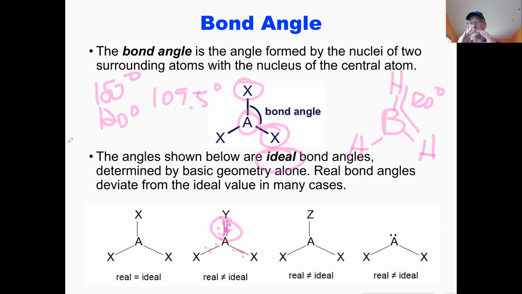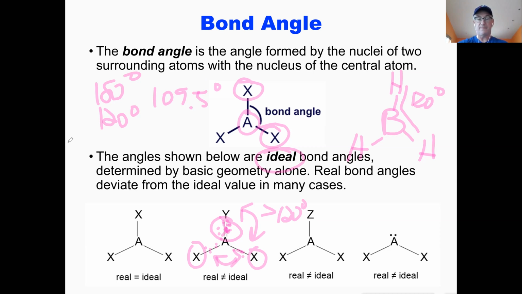And the more electrons there are, the more it will repel these two atoms and will push them down a little bit. And so this angle will now be slightly greater than 120 degrees. And this angle in here will be slightly less, because it'll push those two X atoms a little bit closer together.